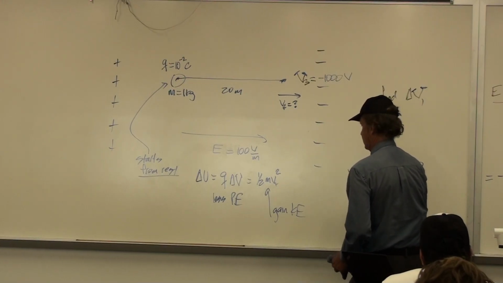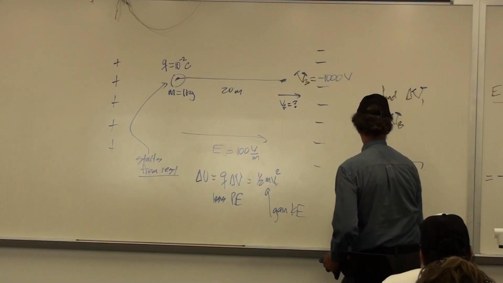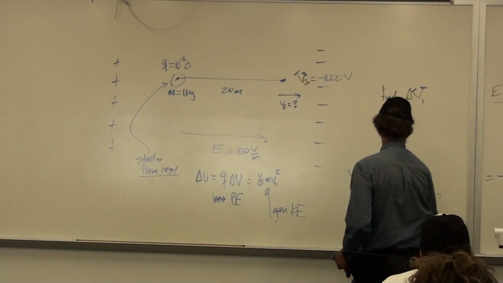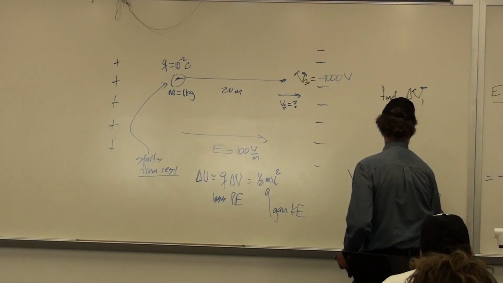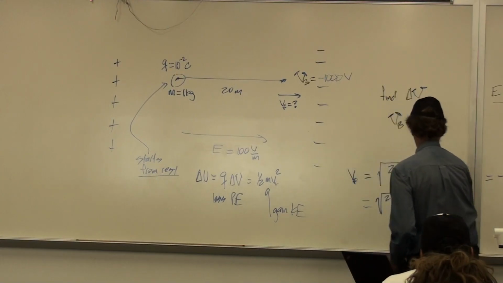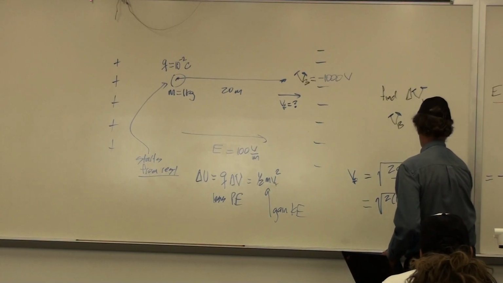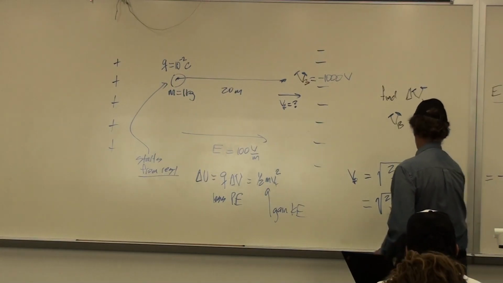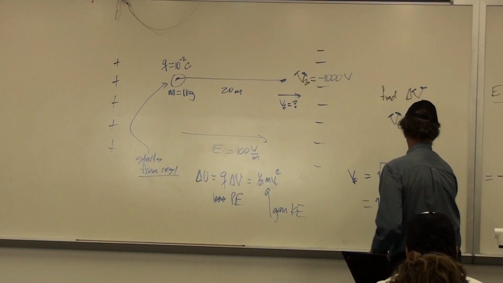I tried to make the numbers come out easy so I don't need my calculator. It's the square root of 2 times 10 to the minus 2 coulombs, and then delta V was 2 times 10 to the 3 volts, divided by 1 kilogram.